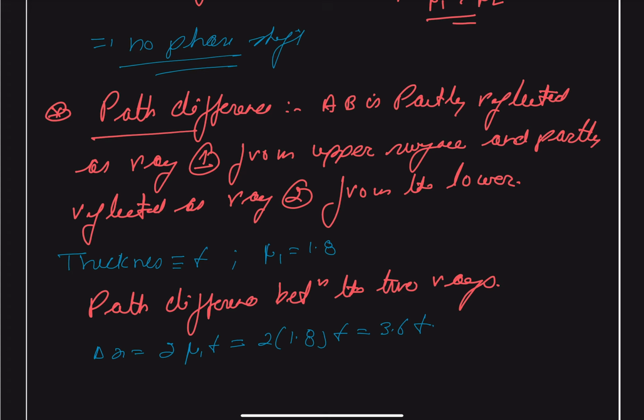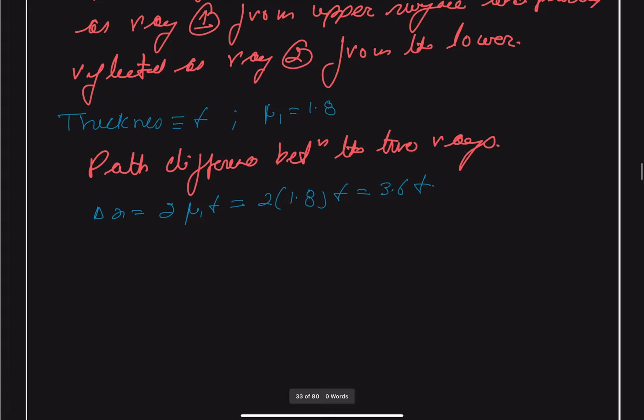Also, ray 1 is reflected from the denser medium, so it gives a phase change of pi, and there is no phase change in the other ray because it is reflected at the rarer medium.